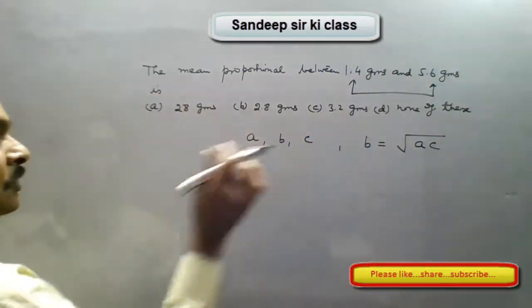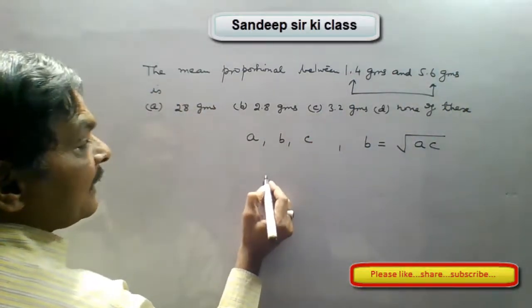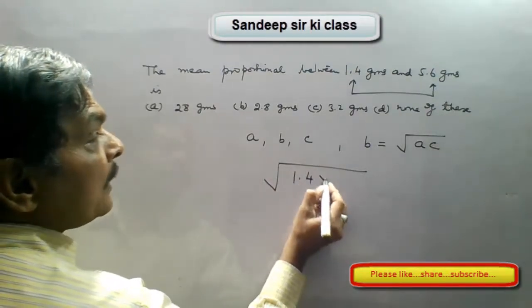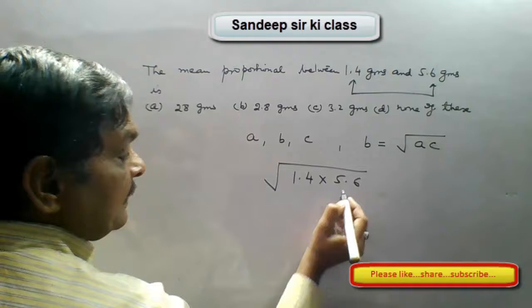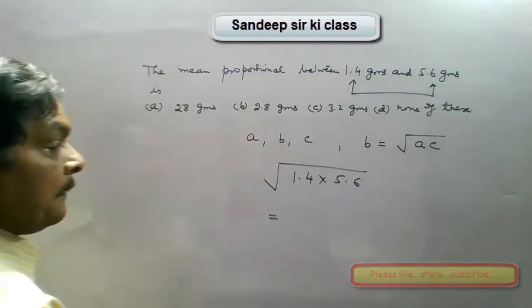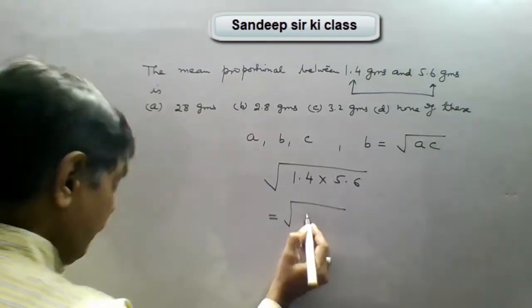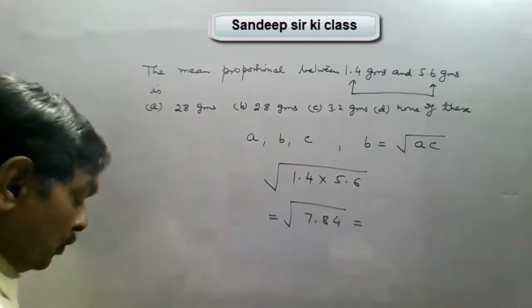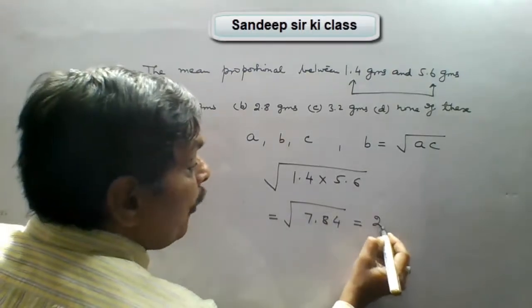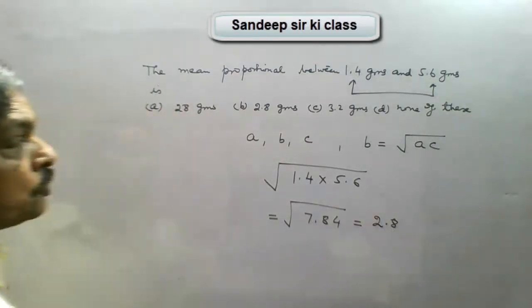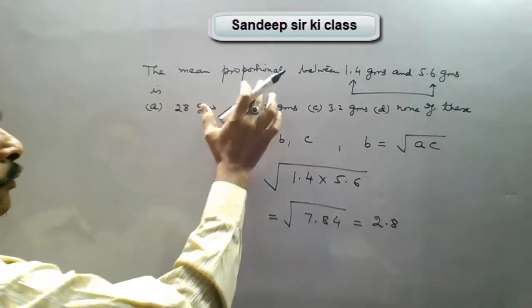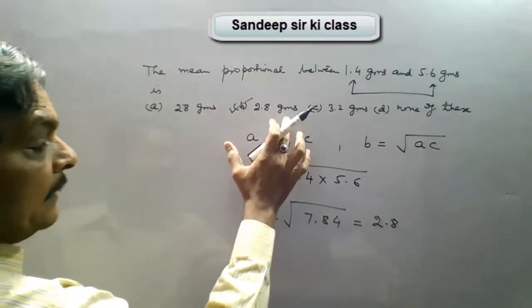So mean proportional B is given as under root of 1.4 into 5.6. Now this comes out to be under root of 7.84, which is equal to 2.8. So our option B is correct. The mean proportional is 2.8 grams.